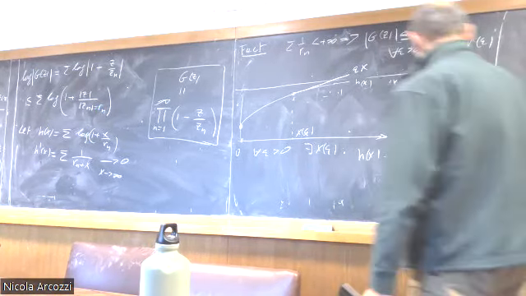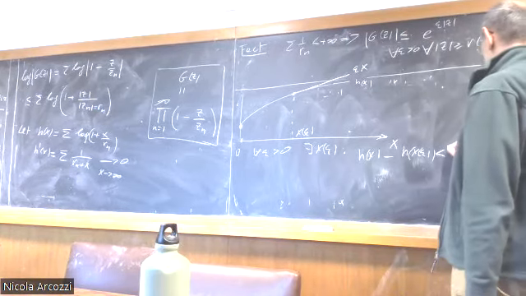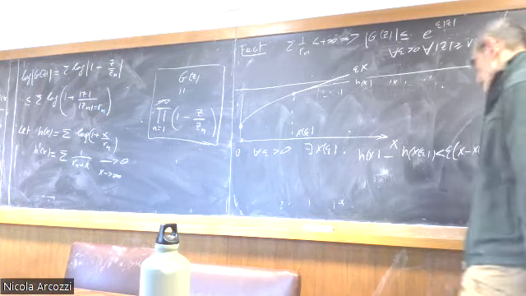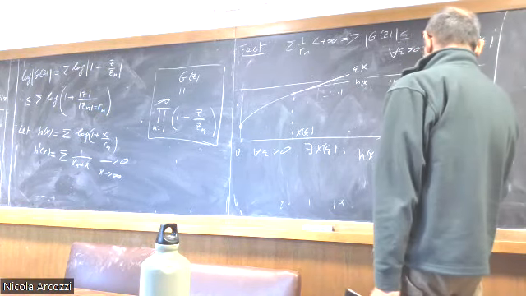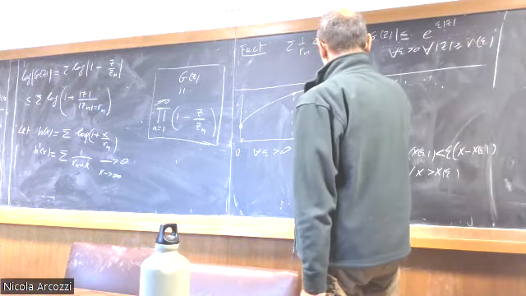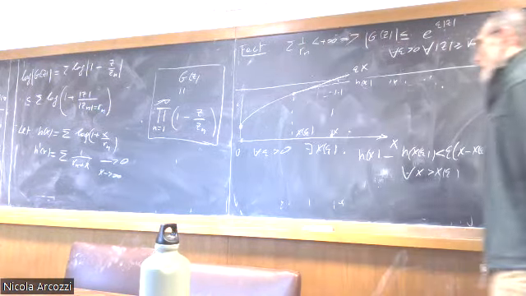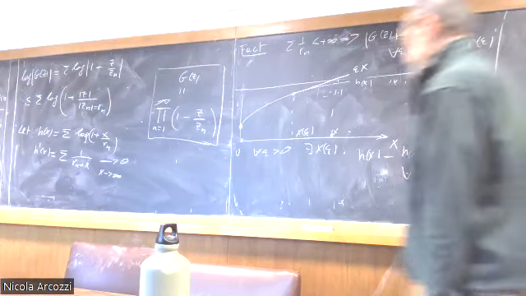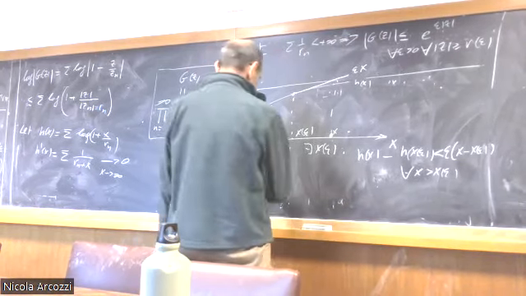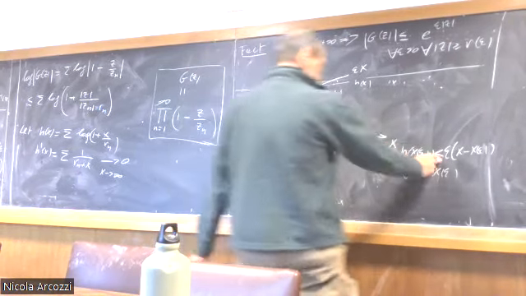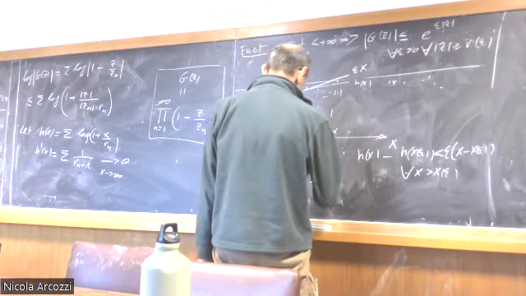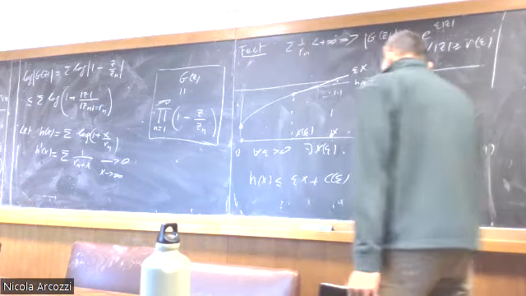So the increment here is less than epsilon times x minus x epsilon for all x bigger than x epsilon. And that means that h of x is less or equal than epsilon x, like a constant.